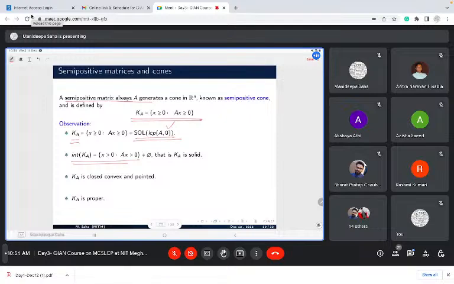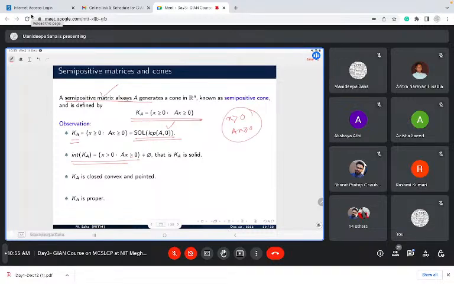So now K is those x greater than or equal to 0, such that Ax is greater than or equal to 0. The interior is those x strictly greater than 0, such that Ax is greater than or equal to 0. If we start with a semi-positive matrix, that assures us there exists an x greater than 0 such that Ax will be greater than or equal to 0.